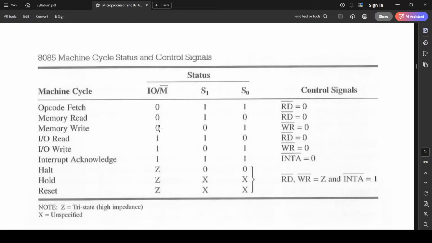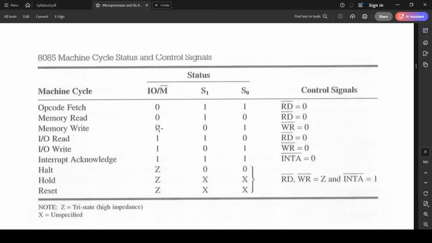So there are status values as 0 and 1. The first one is input, output, and memory. The second one is S1, S0, and the control signals. For opcode fetch, IOM should be 0, S1 and S0 should be 1, 1, and RD is 0.